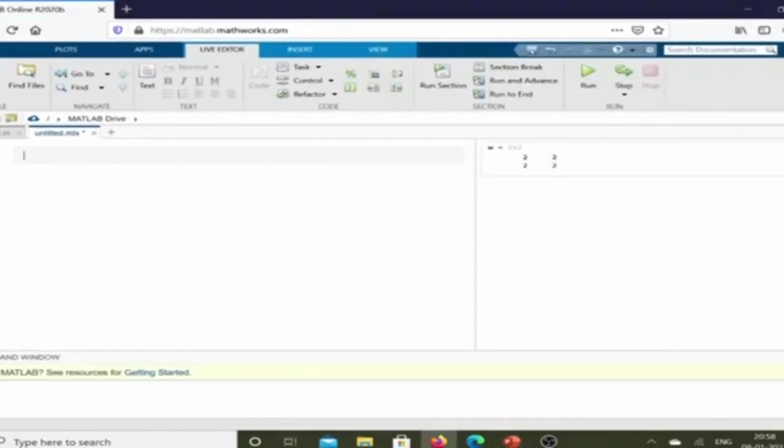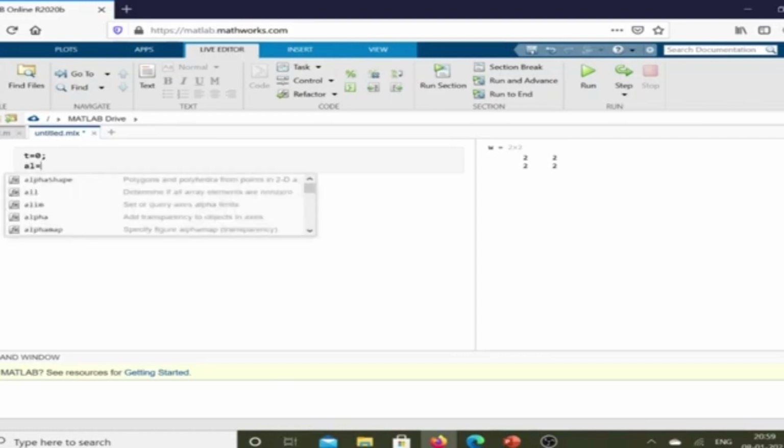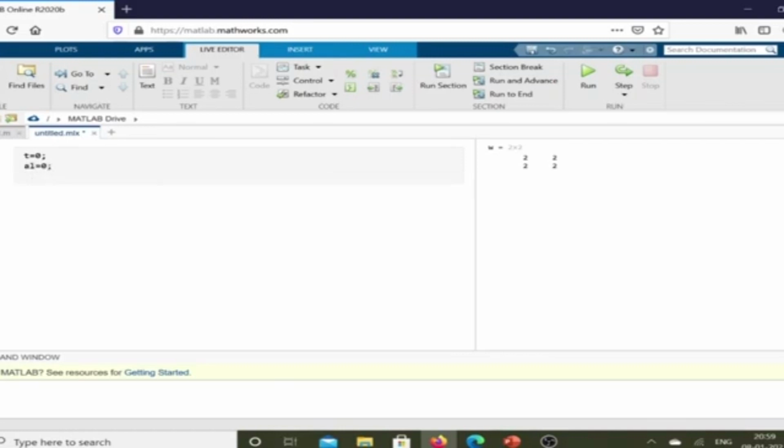So the first thing that we are doing is writing our variables: t, theta, equal to, let's say, 0 degrees, just for example. Then we have alpha equal to 0 degrees. Then we have a equal to 0 for the first joint.